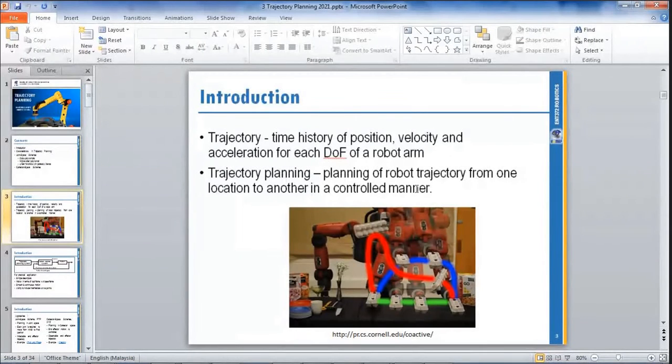Because you don't want your robotic arm to have a lot of stoppages, you want to move it in a smooth motion. That means we need to control the velocity and the acceleration of the robotic arm. One of the techniques that we use to control that characteristic of motion is the trajectory planning equation.